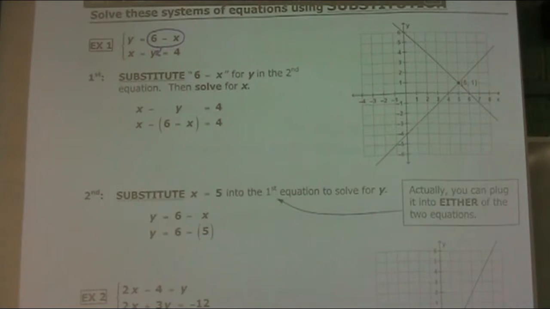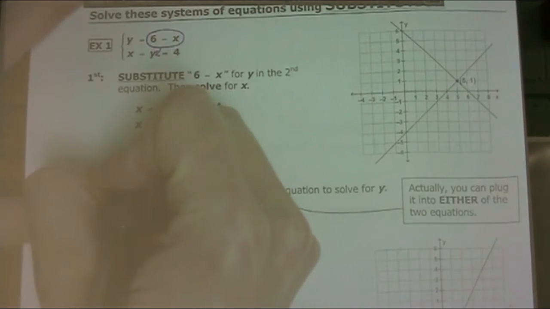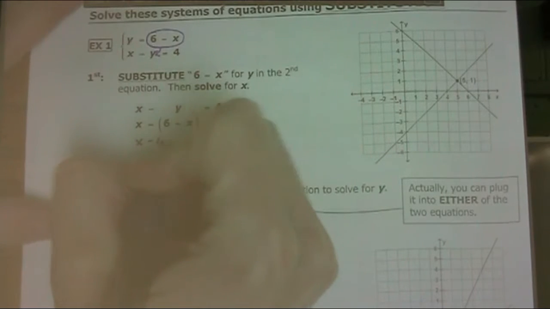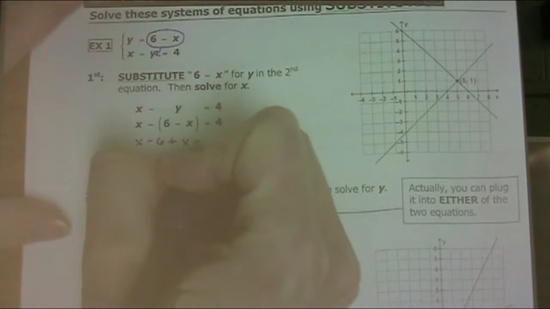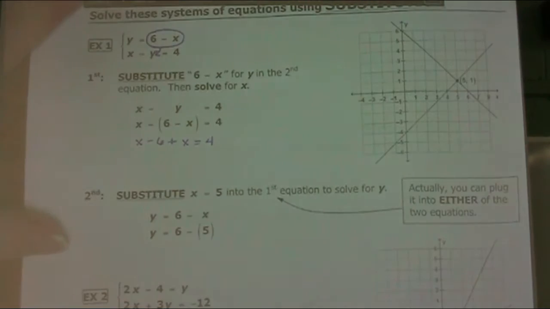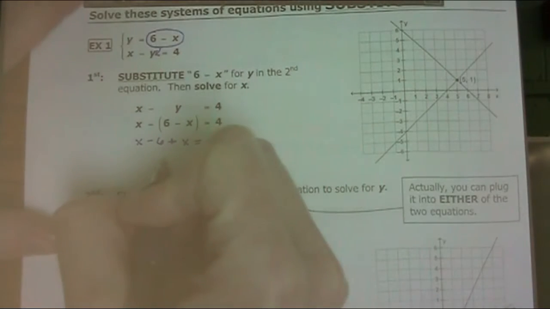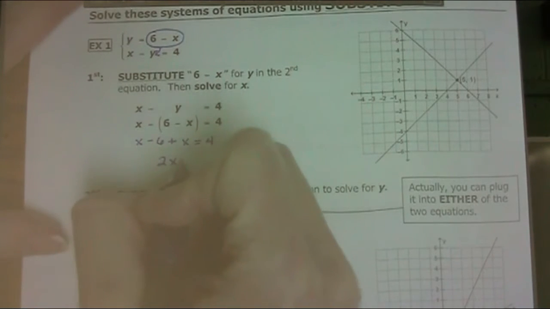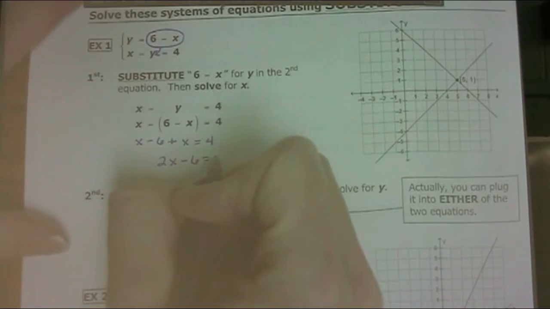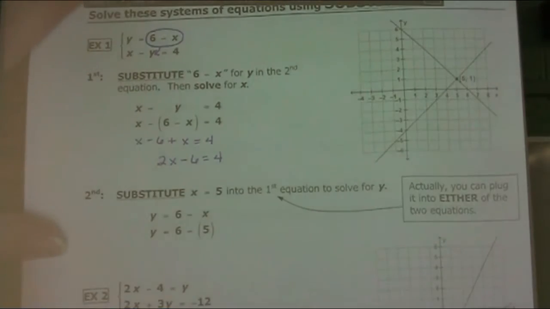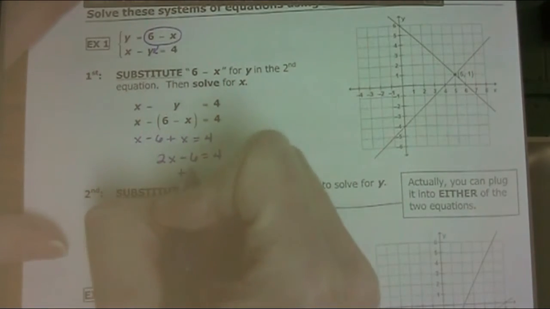Now I have an equation that only has one variable in it, and I can solve for this variable. So the first thing I'm going to do is distribute my negative, and I have x minus 6 plus x equals 4. I'm going to combine like terms. x plus x gives me 2x minus 6 equals 4. Add 6 to both sides.